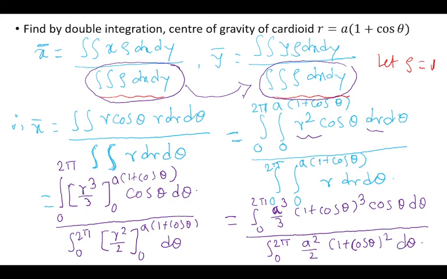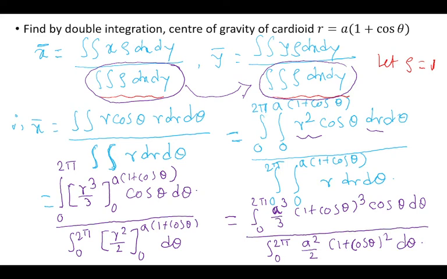So now the main task left is how to do this integration: the integral from 0 to 2 pi of 1 plus cos theta bracket cube into cos theta d theta. The substitution method will not work, because if you put 1 plus cos theta as t, outside there is only cos theta.